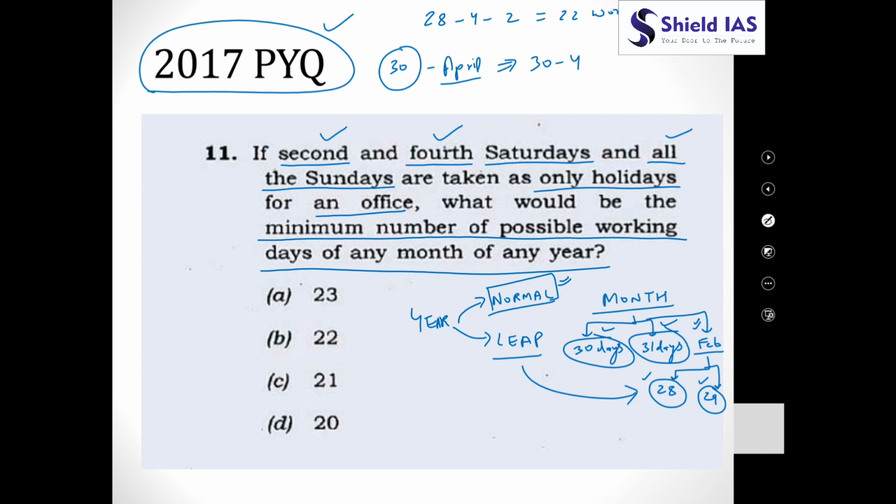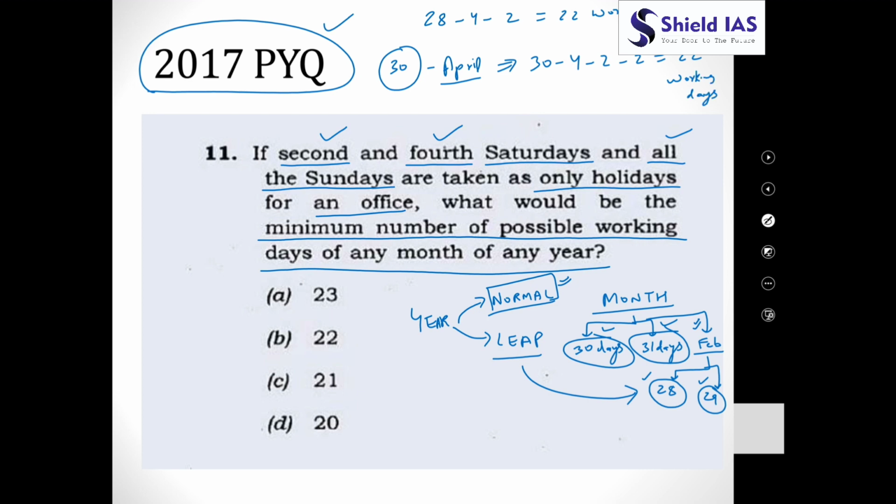In the first 28 days, at least 2 Saturdays would be off. Now 2 days are remaining, the 29th and 30th. To calculate the minimum number of working days, let us take these two also as holidays. So this comes out to be again 22 working days.